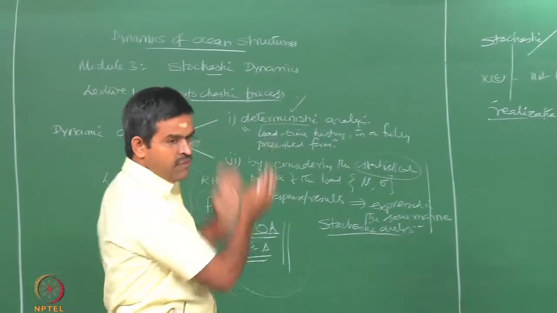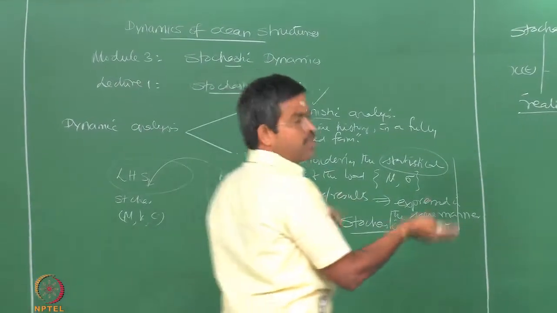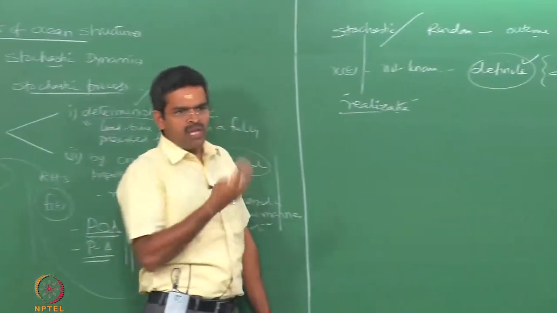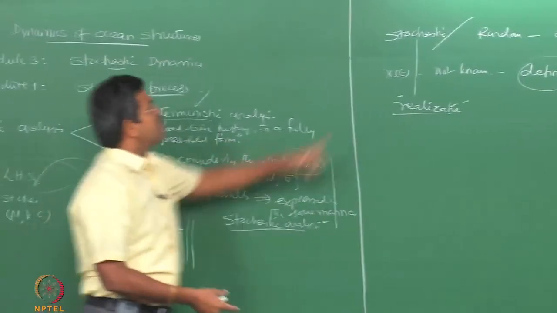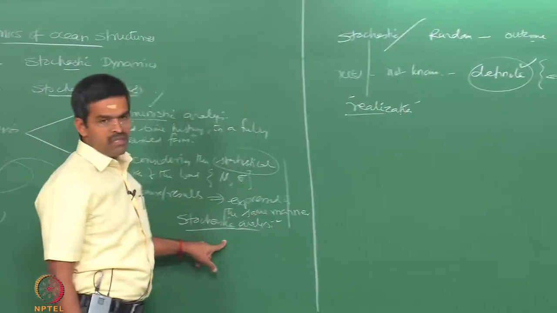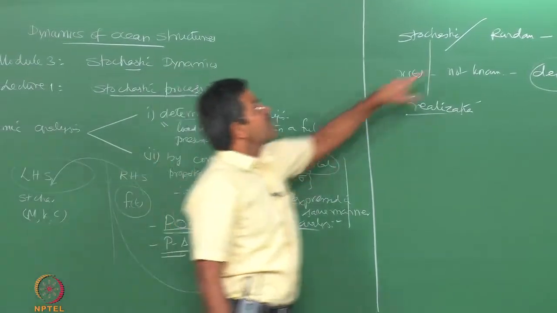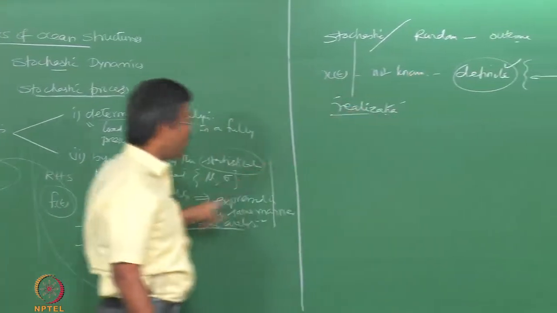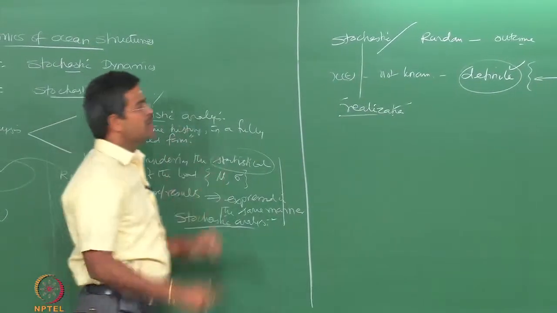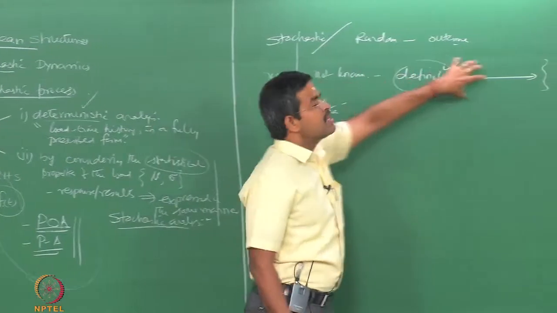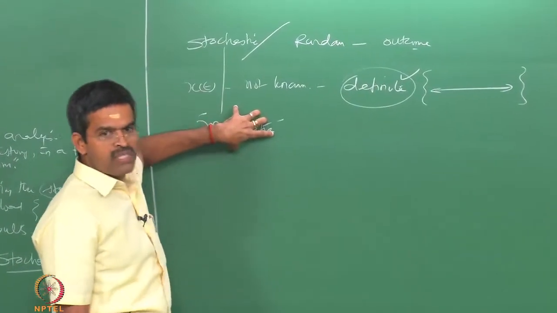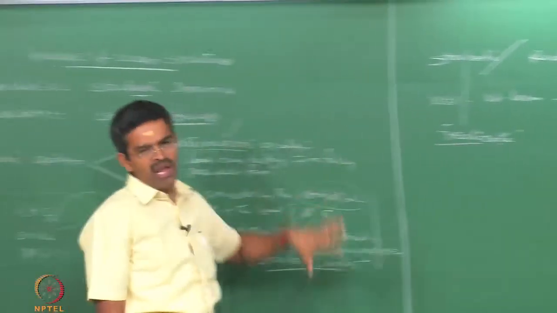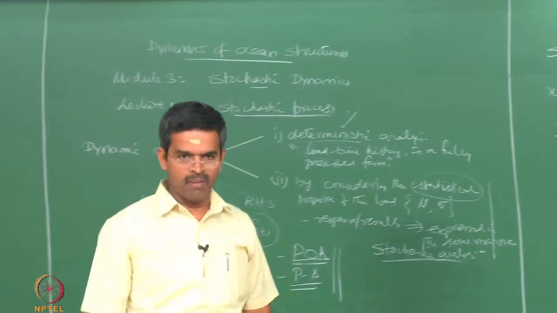So, that is the difference between a random and a stochastic scheme. Otherwise both of them will have the same mathematical algorithm to follow. They are also dependent on mean and standard deviation and covariance, etc. Random process also depends on the same algorithms. So, the difference is that this is mathematically intrinsic, whereas this is realization of physical intensity. So, this is more or less a realization of a given problem.